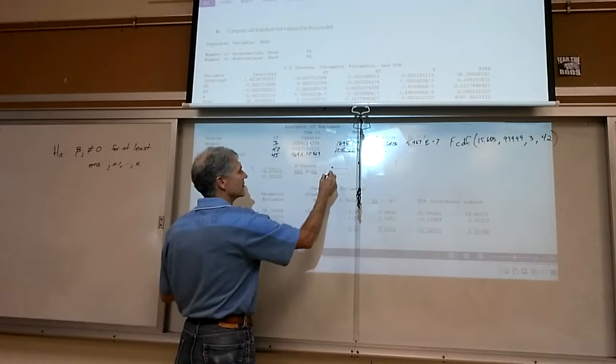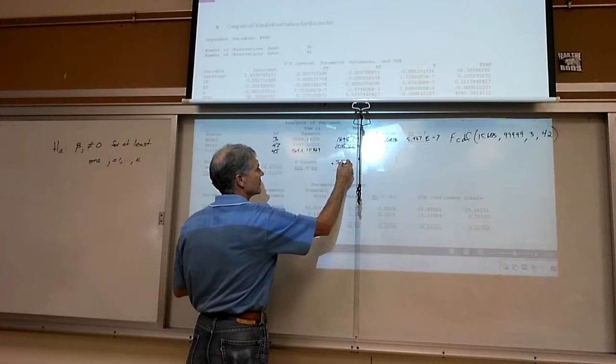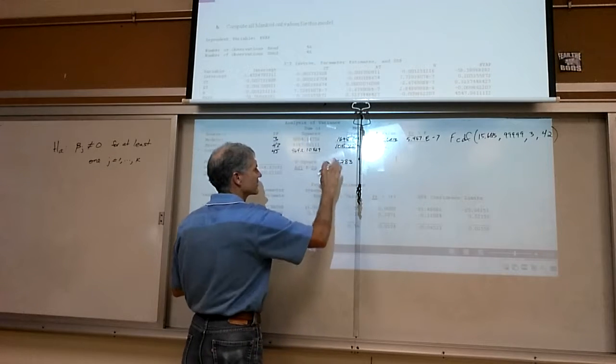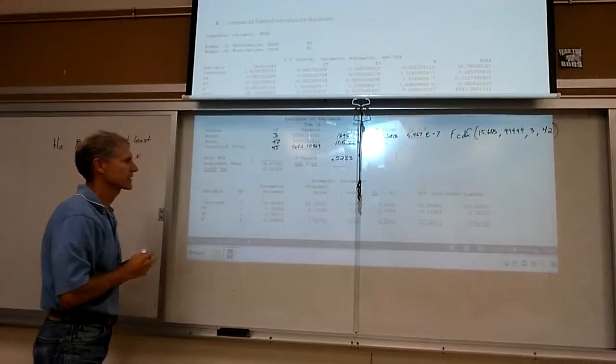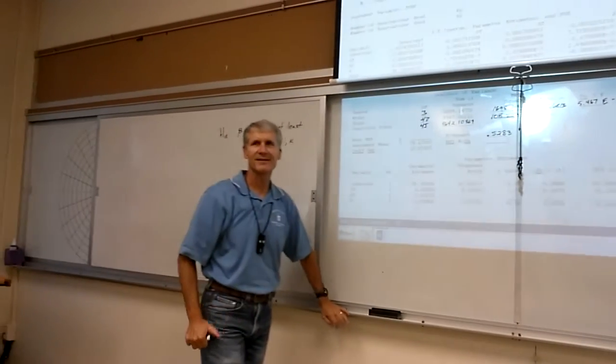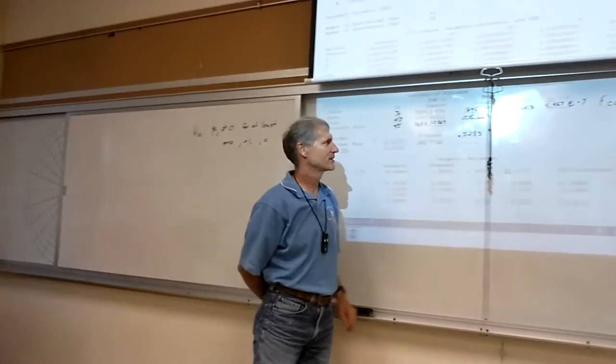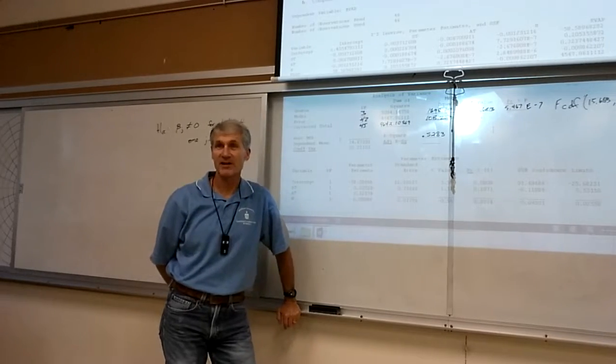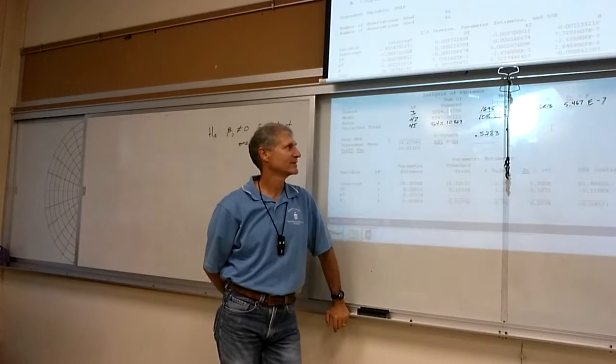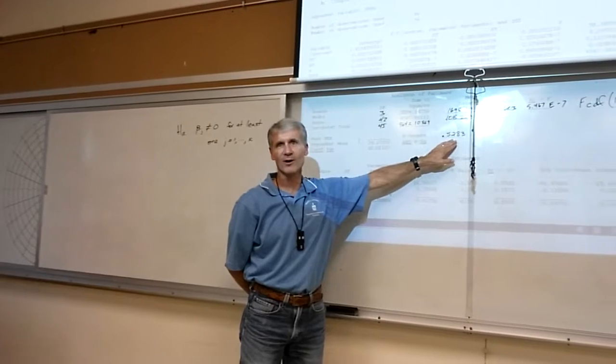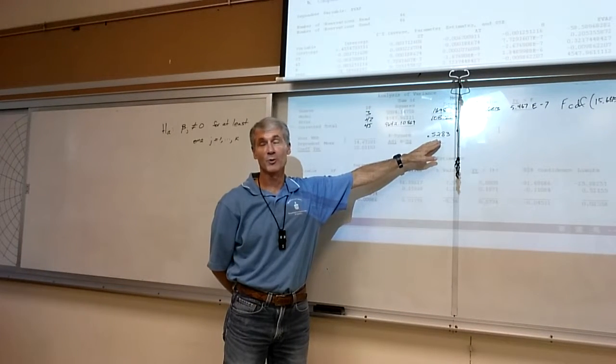You get 0.5283229. That's probably enough. Right? I was actually expecting a bigger number than that because of how significant that p-value was. But remember, the p-value is only checking to see if that's 0. And I guess this is a long ways from 0, even though it's not that close to 1.